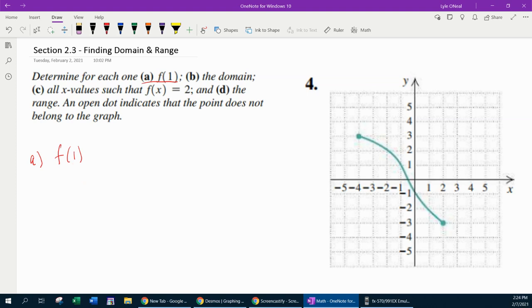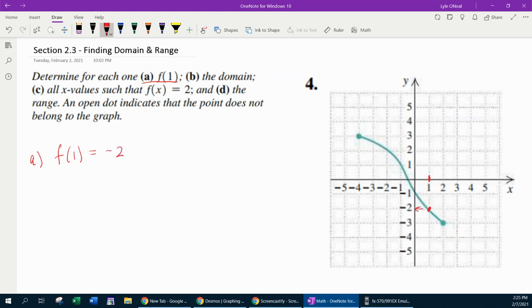And we can do that from this graph. So we need to go to where x is 1, and then we need to go either up or down until we hit the graph, and then see how high or low that is. So if we go to 1 and go till we hit the graph, that's going to be at a height of -2.